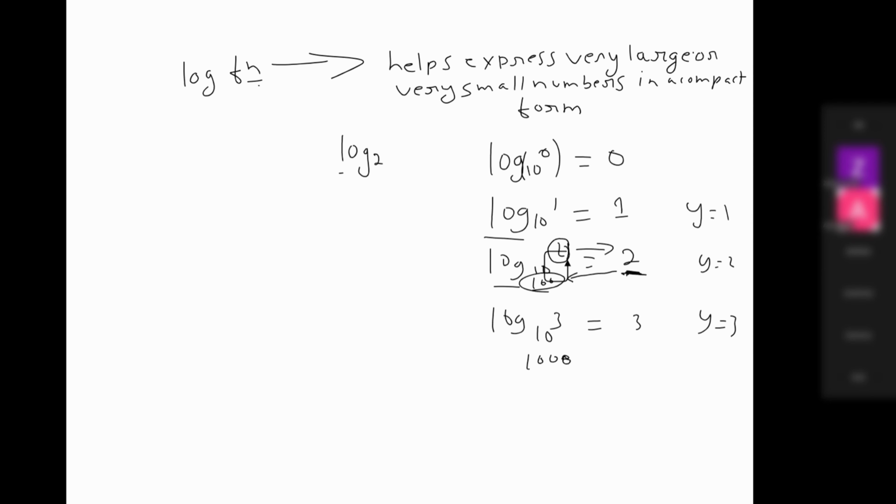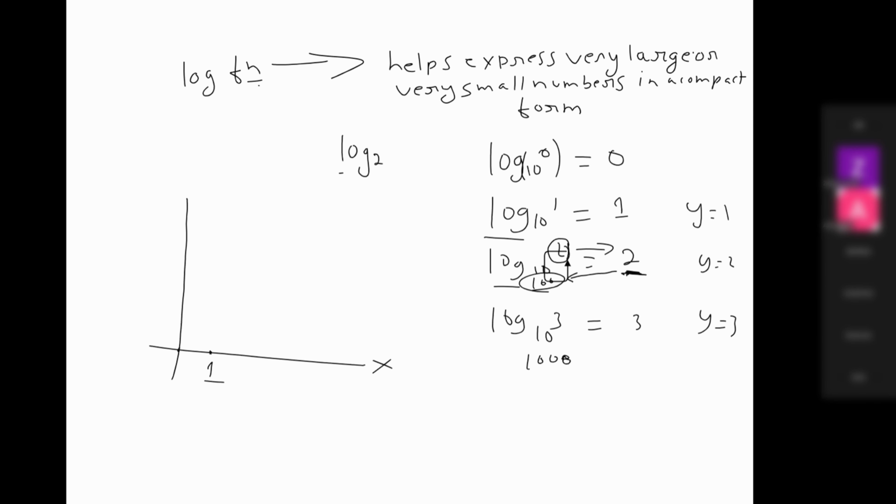So log 10 of 0 is 0. Log 10 of 1 is 1. Log 10 of 2 is 2. But actually 10 to the power of 2 is 100. So instead of representing 100, I will represent y as 2. Now if I plot the same graph here, I start from 0. 0 is 0 only. If I take x as 1, 10 to the power of 1 is 10, but instead of 10, I will take it as 1.